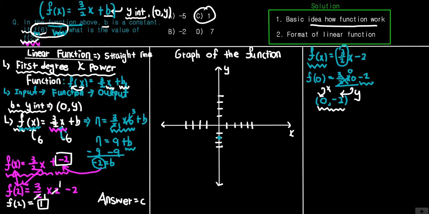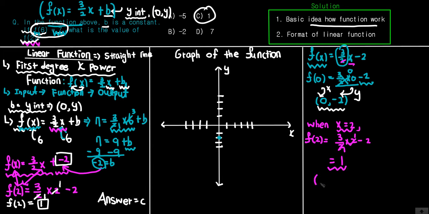Let's pick another point. When x is equal to 2, simplifying this term right over here, we get f of 2 is equal to 3 over 2 times 2 minus 2. The 2 and 2 are going to cancel out as 1, and we get f of 2 is equal to 3 minus 2, which is just going to be 1.